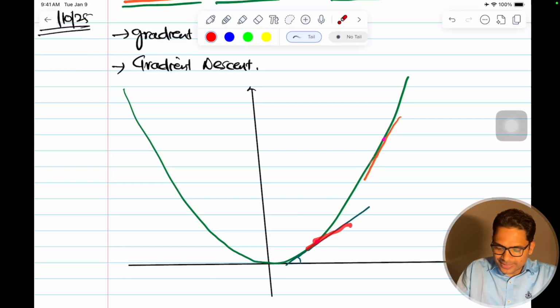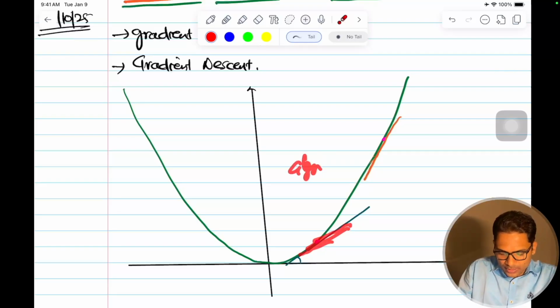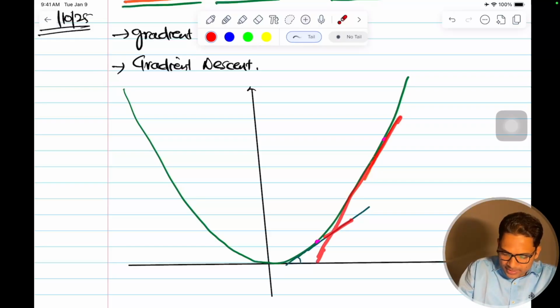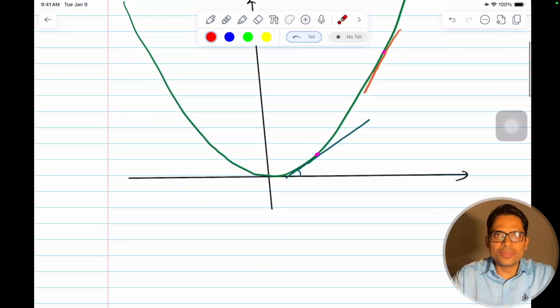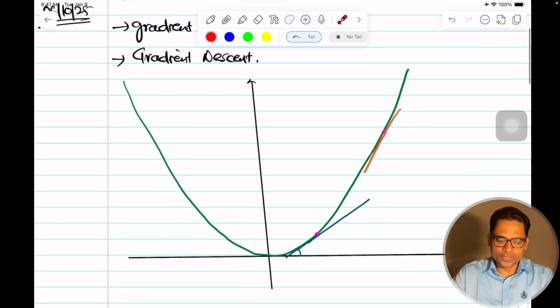So this algorithm getting very slow near the optima or the minima is the problem, because it depends on just the gradient, which is very steep at first and slowly decreases as it comes closer and closer to zero, and that's why your convergence will be very slow. So this is a problem of gradient descent, and for solving this we use what is called Newton's method.